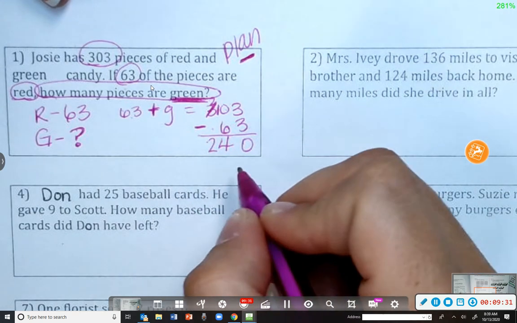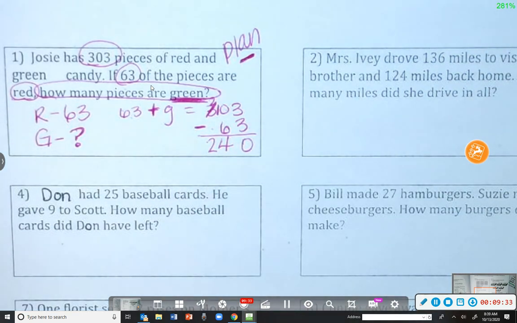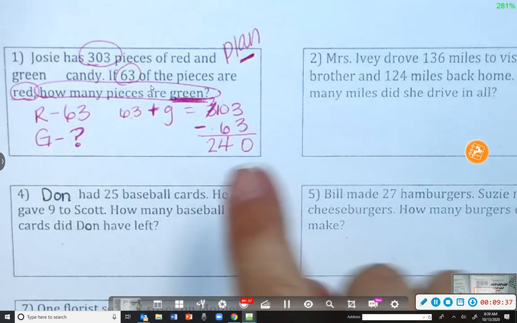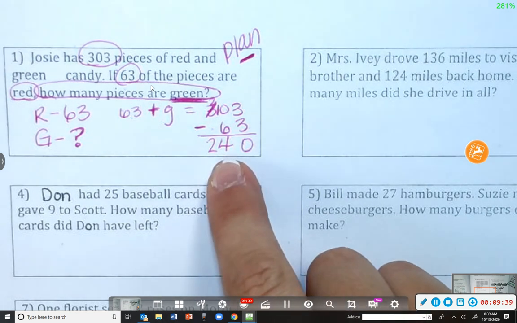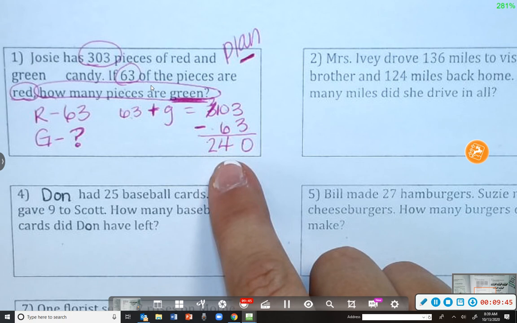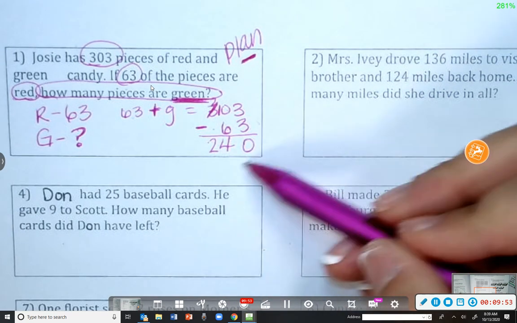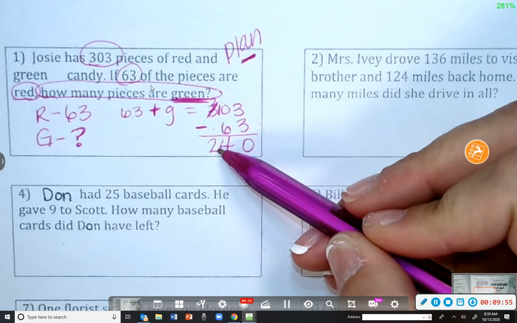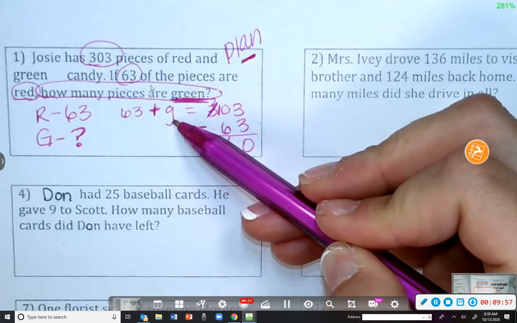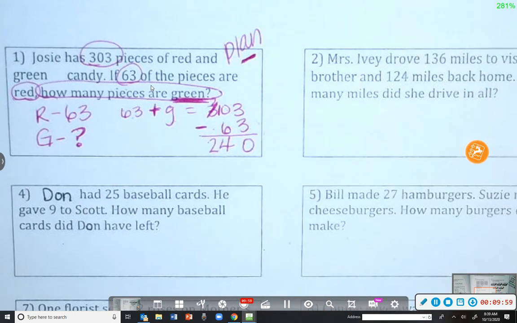We can box it, but how about we check first before we box our final answer? How can I check to see if this is the correct amount? Kelsey? You can put 240 plus 63 and add it together. Very good. Or what you can do is just plug it in for G and see if it equals 303.